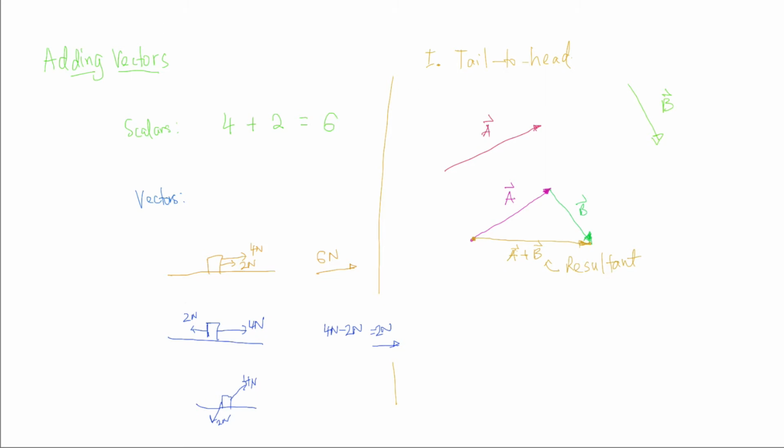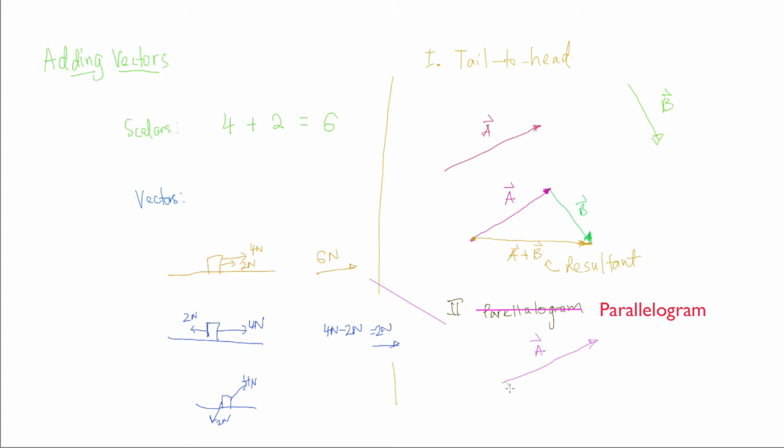Right, let's look at the second method we can use to represent vectors. And this method is called the parallelogram method. And the way this method works is that you take your vector A, and then you take your vector B, and you put the tail of B right where the tail of A is.